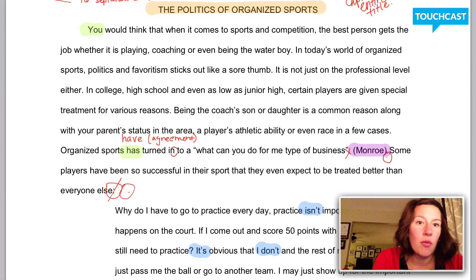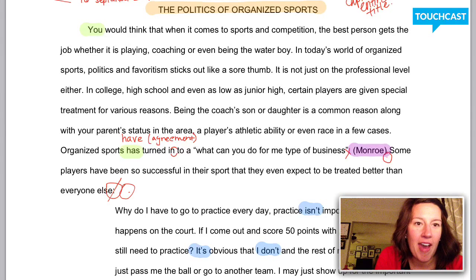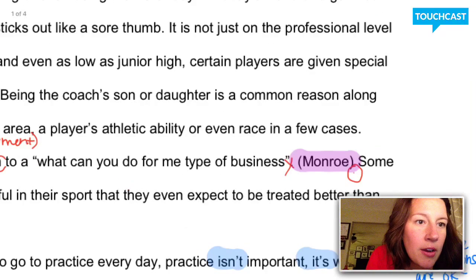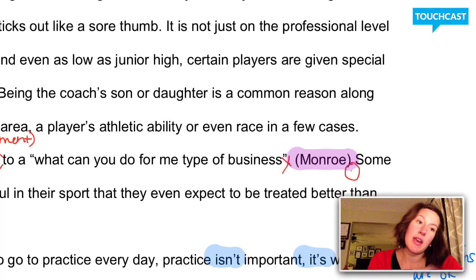And then we have another one where organized sports, sports is plural, so they have, so an agreement. And then let's see, into is one word, cut that. And there you can see right here the period was in the wrong spot. Now I've gone through and I've highlighted every source in purple so that you can go back and make sure it's on your works cited.